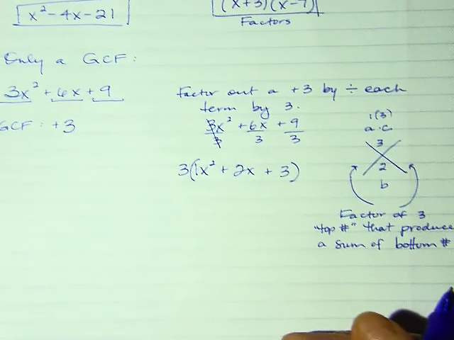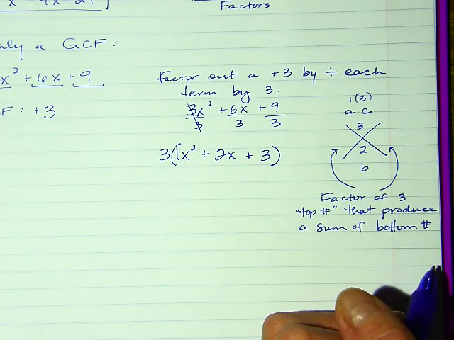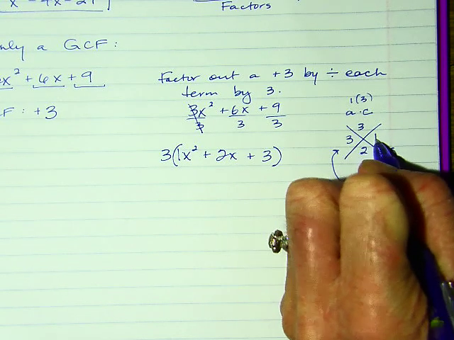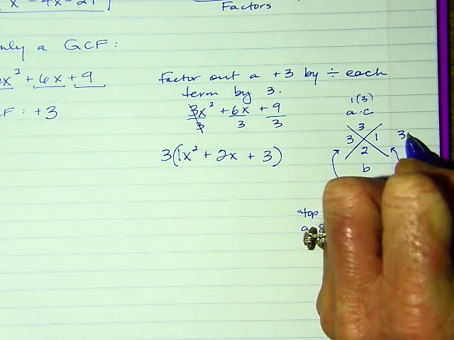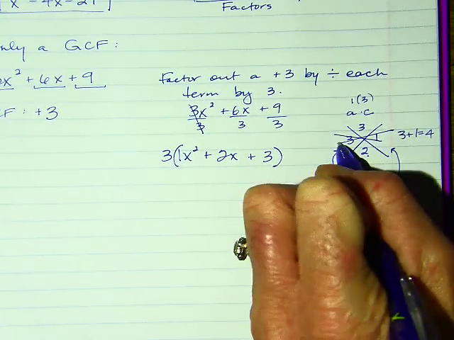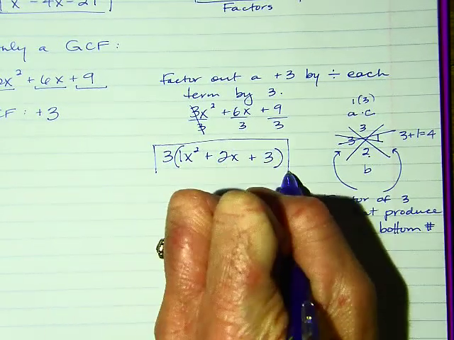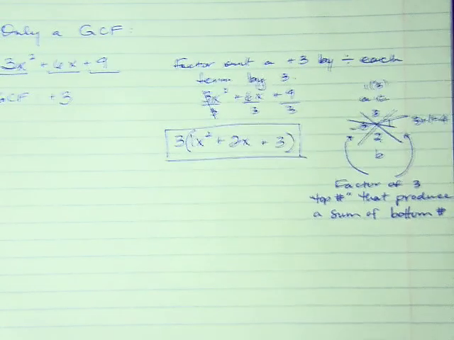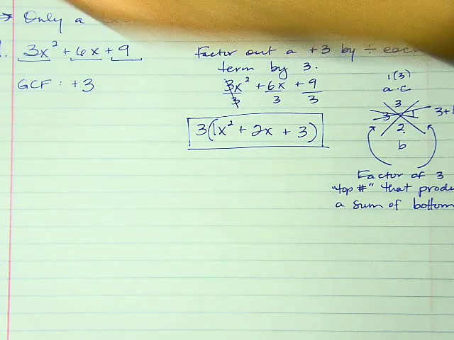And there is not a factor of 3 that will produce a positive 2. I have 3 times 1, but 3 plus 1 equals 4, not 2. So it is not possible, so that is why I can only take out a greatest common factor. And I'll get more to that x tool later, okay?